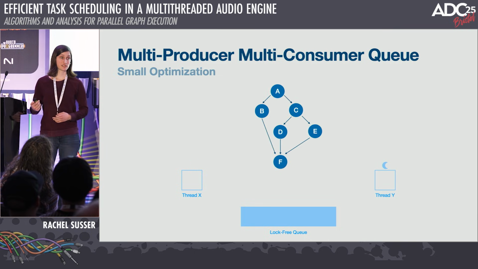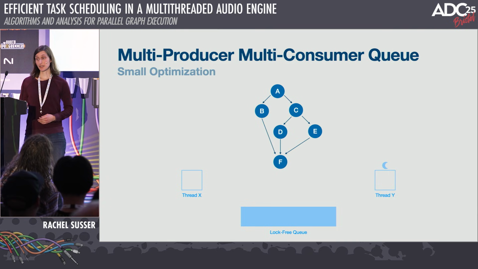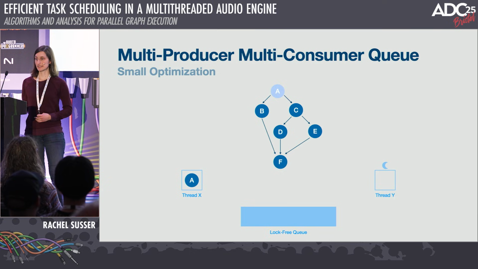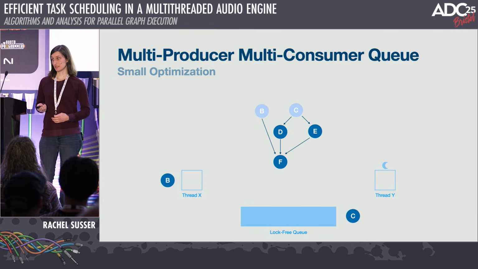You might have caught that there's a small optimization we can use to reduce some of this contention. We start the same way with thread X executing task A, but when it's done, instead of pushing both B and C onto the queue, it reserves B for itself and only pushes C onto the queue.